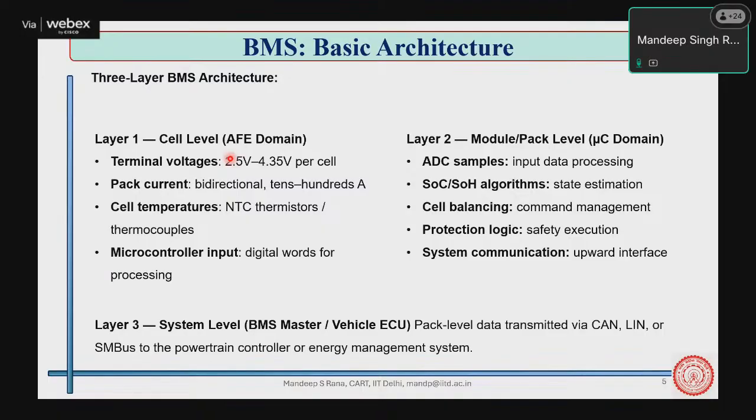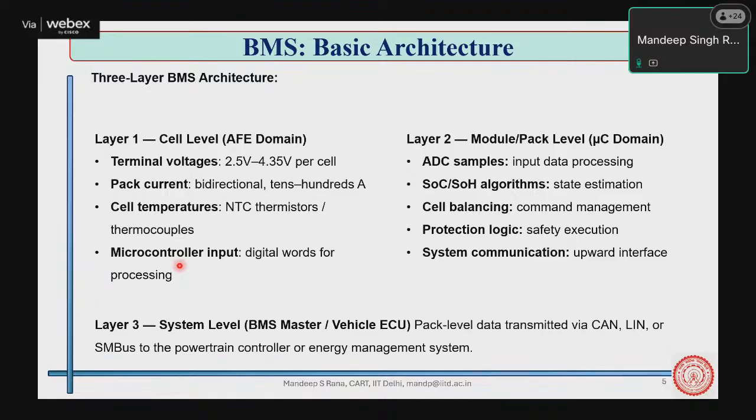So we'll discuss those in more detail, but what we will not be discussing are the other layers, the layer 2, let's say. They have more high-end algorithms, so those are more software-oriented areas compared to the AFE domain. The AFE is more hardware oriented.